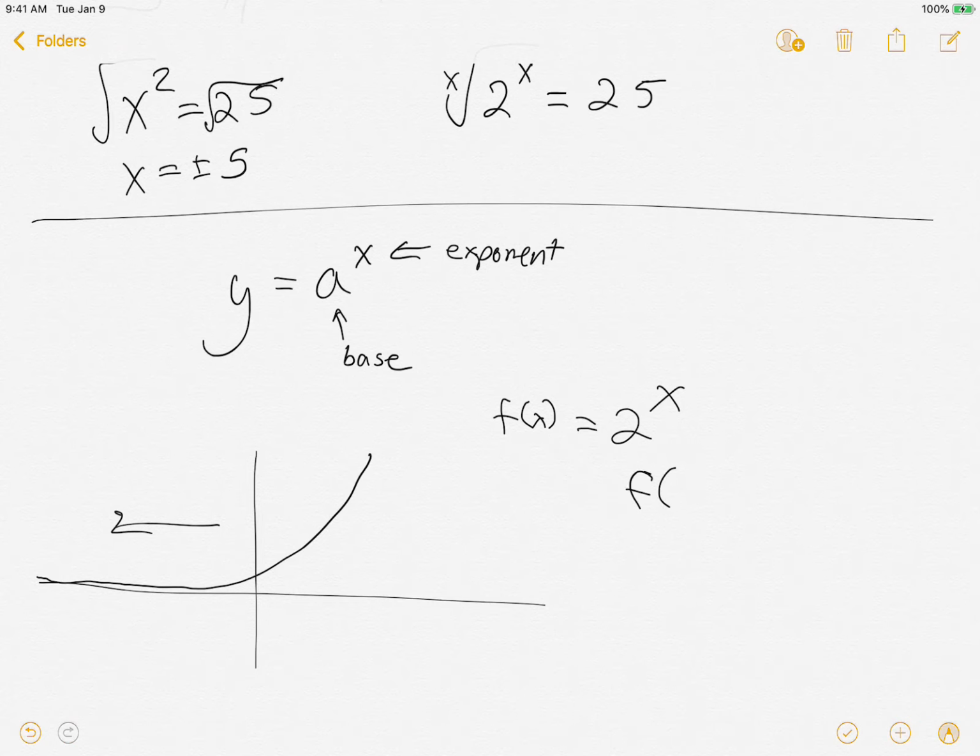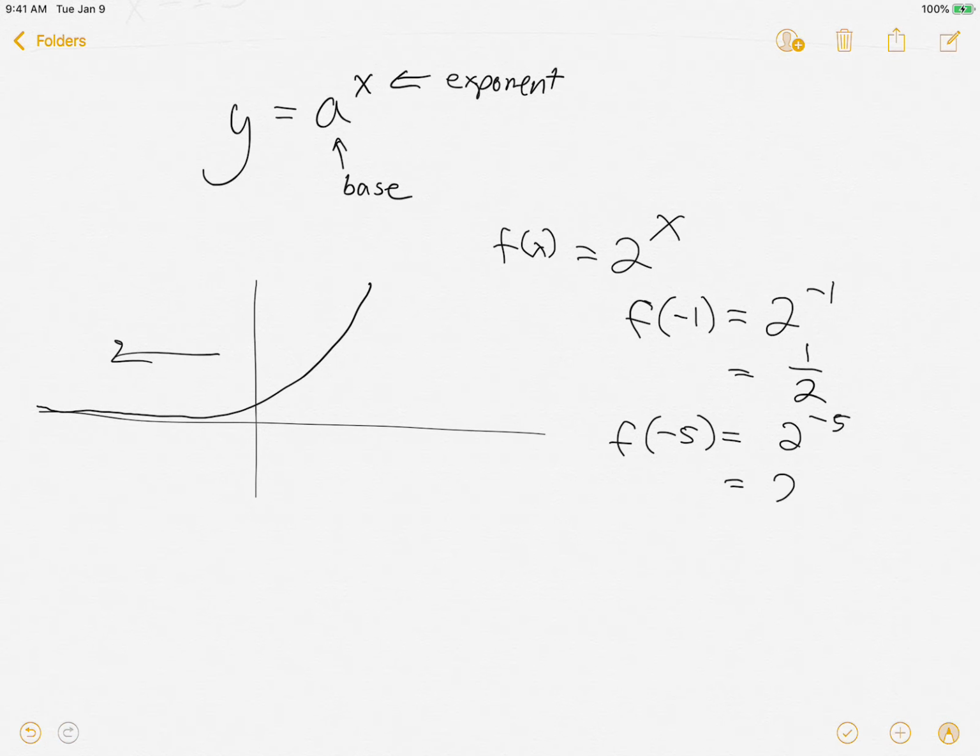So f of, say, negative 1 would be 2 to the negative 1, or 1 over 2. If we go a little bigger, let's say f of negative 5, that's going to be 2 to the negative 5, or 1 over 2 to the 5th, or 1 over 32.